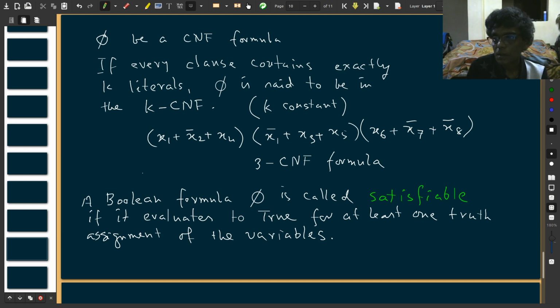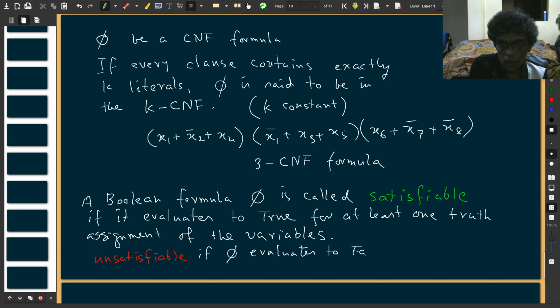And it is called unsatisfiable if phi evaluates to false for all truth assignments of the variables.